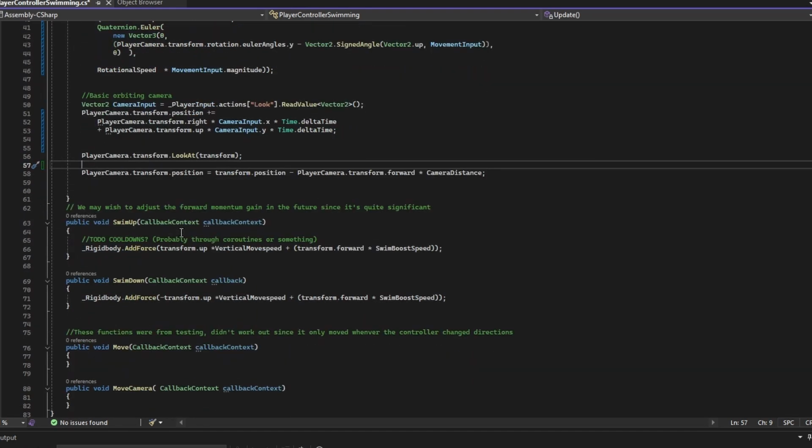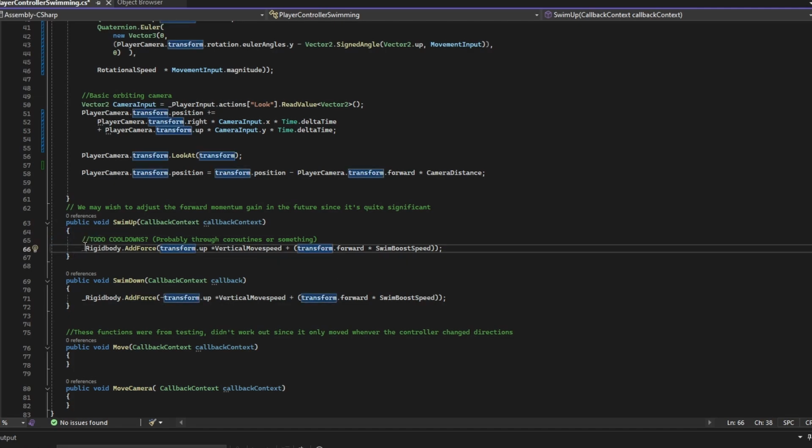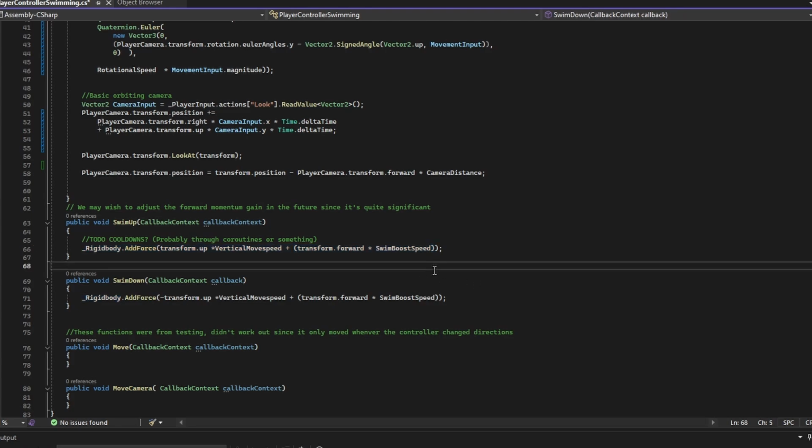And then the rest of this, we have swim up, which is a function that is called by the input system whenever I hit a button that is attached to the swim up. It's just this, and then we just add force up times vertical movement speed plus transform.forward times swim boost speed, which is fairly simple. It's just two different things.